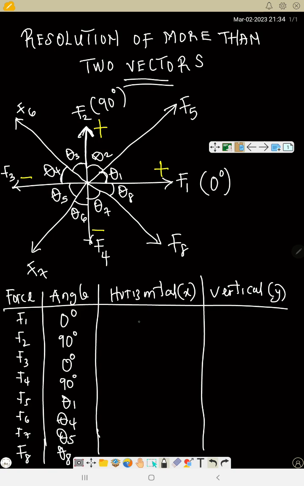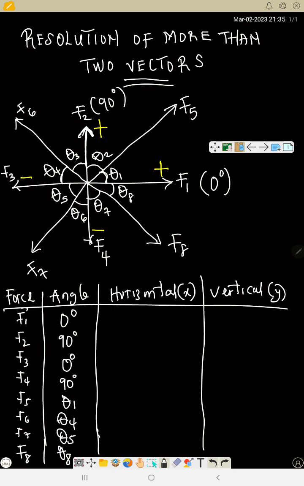That is why I'm choosing the angle to the horizontal, so that everything will be uniform. But remember, you can pick any one. For your case, you can be picking all the angles to the horizontal, so all your horizontal will be cos, vertical will be sine.